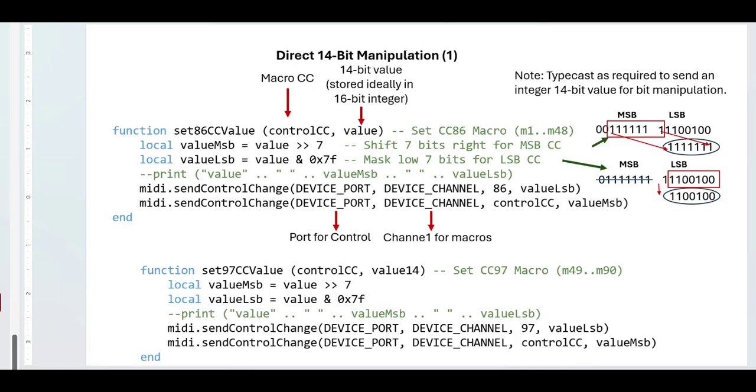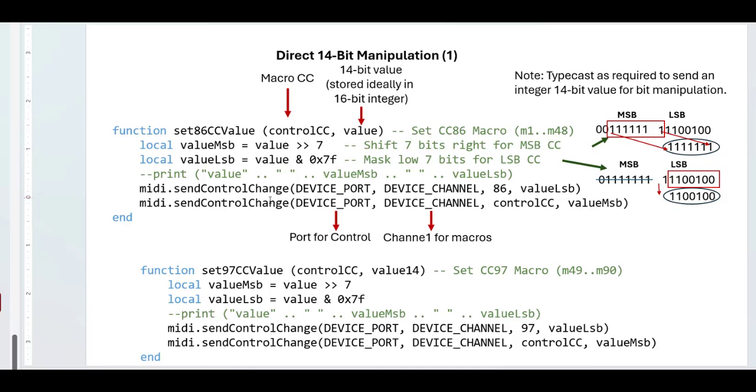And then on the original 16-bit value, you're going to want to mask off the bottom 7 bits so that you can create your least significant 7-bit value from that. I did that in this simple function. So I've sent in my 14-bit value. I've split it off into its MSB and LSB parts, each one of which is 7 bits.